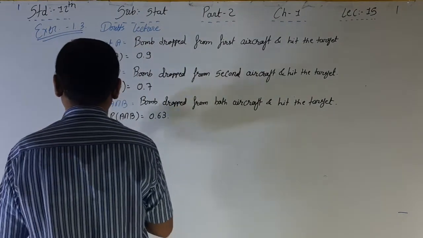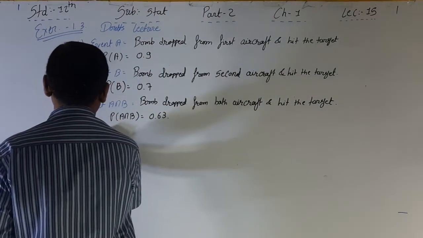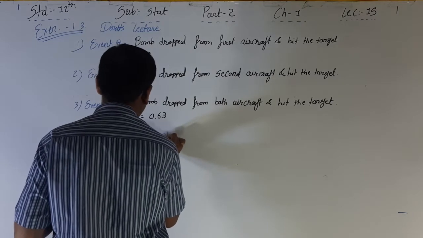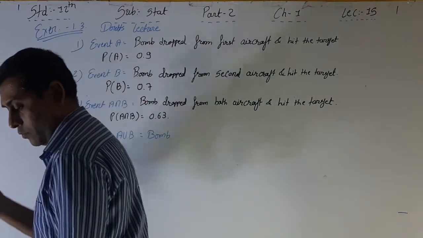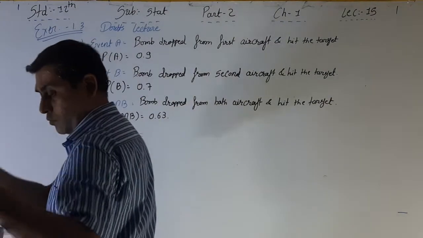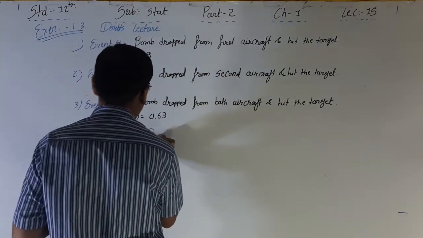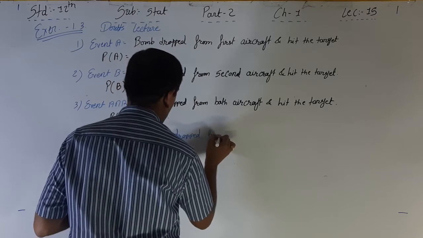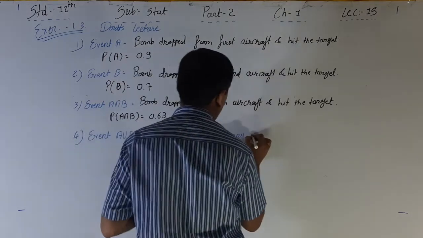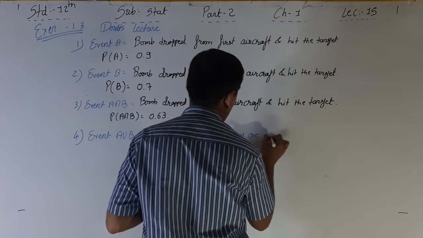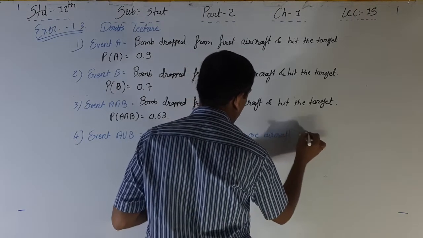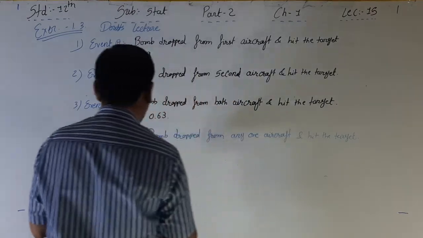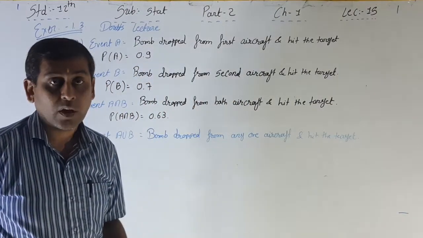So, main question, event A union B: bomb drop from any one aircraft, anyone, right?